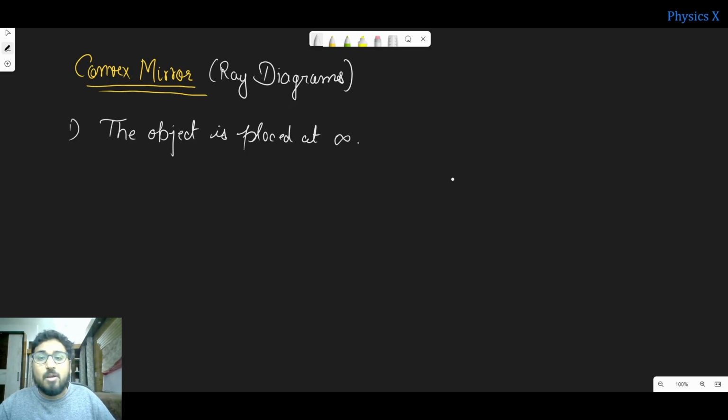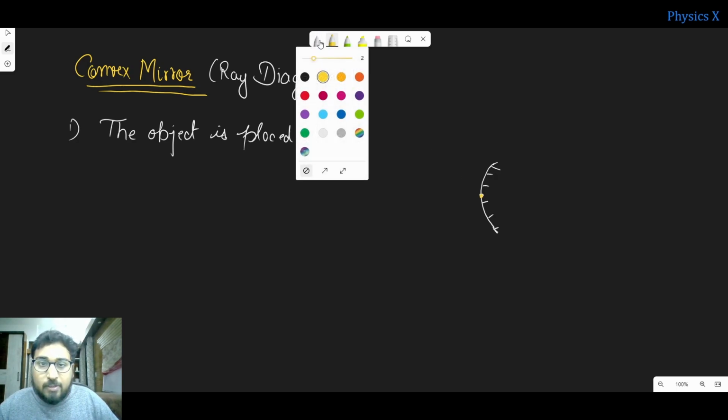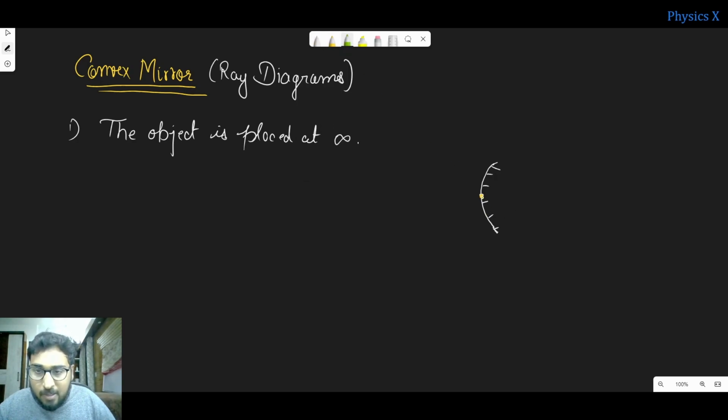So if I draw the diagram of a convex mirror now, as I told you in the last class, a convex mirror is somewhat like this. Here the non-reflecting side is this one, and if I mark the middle of this mirror, that will be somewhere here. Let us say this will be your pole, and then let us mark the principal axis first.